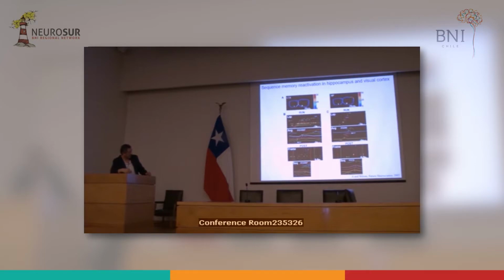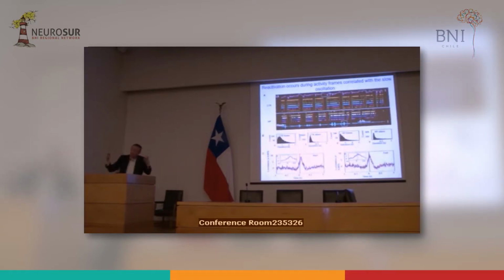Same thing in the hippocampus. And if you do the analysis, you find, yes, indeed, there's visual cortical reactivation of the spatial sequences that are reflected in the hippocampus. So the hippocampus replays a sequence of spatial locations. The visual cortex will replay the visual cortical sequence associated with that.